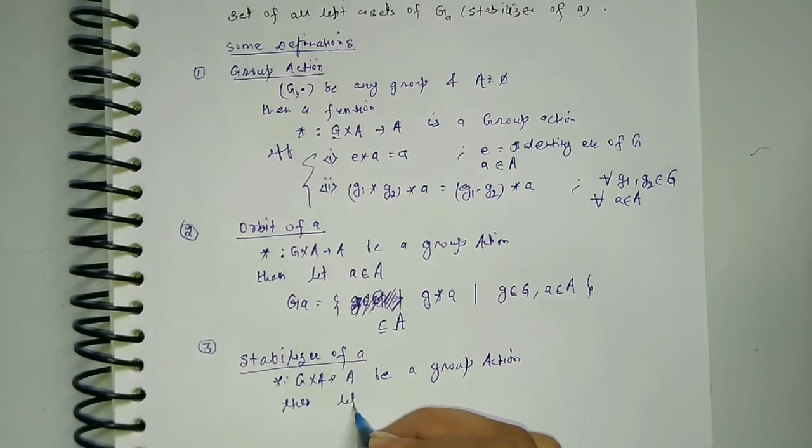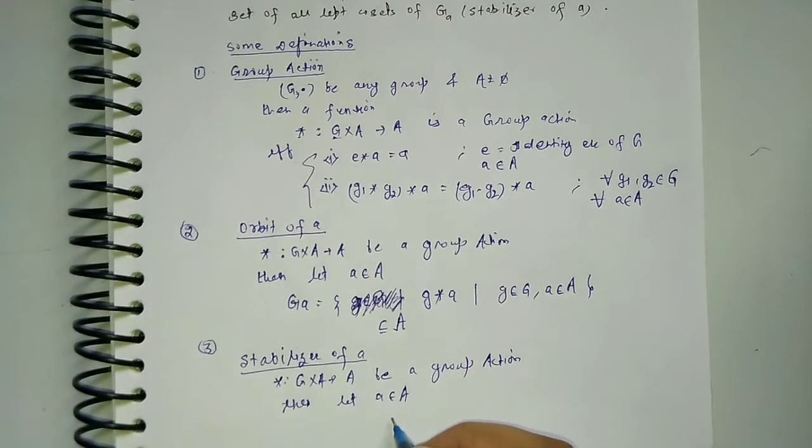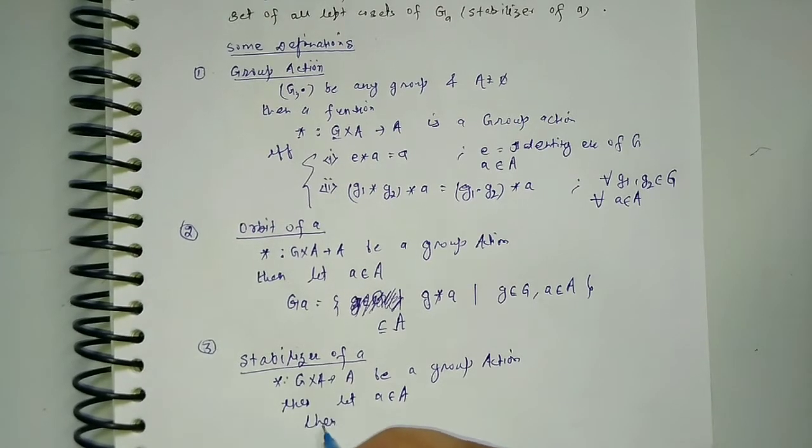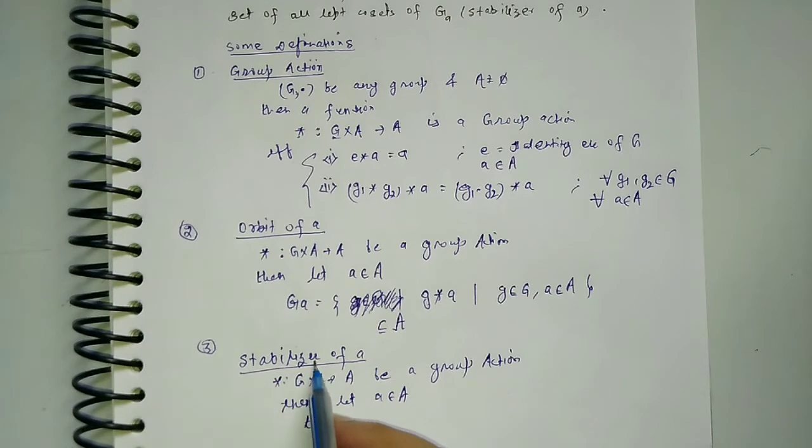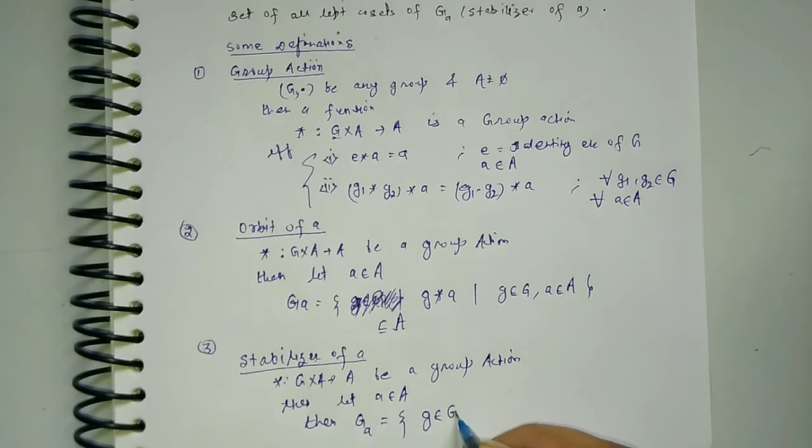Then let small a be any element of capital A. Then the stabilizer of a is defined by the set denoted by Ga like this, which is equal to all such elements from the group G, that is small g belongs to G, such that g star a is equal to a.